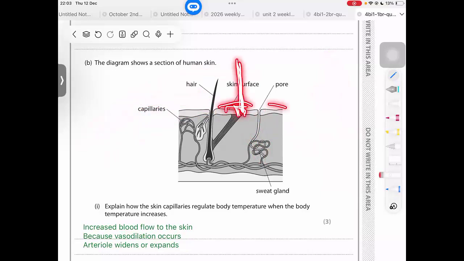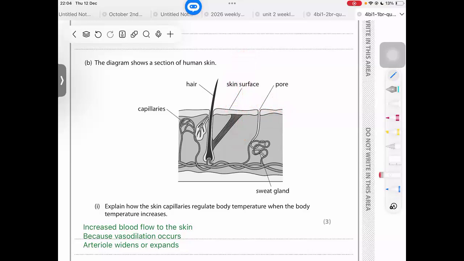When water gets excreted onto our skin surface like this, water absorbs the heat from our skin and gets evaporated, because to get evaporated, it needs heat. It absorbs the heat from our skin surface. That's why we feel cool when there is sweat. After the sweat has evaporated, we feel cool. So that's a body mechanism to cool our body.